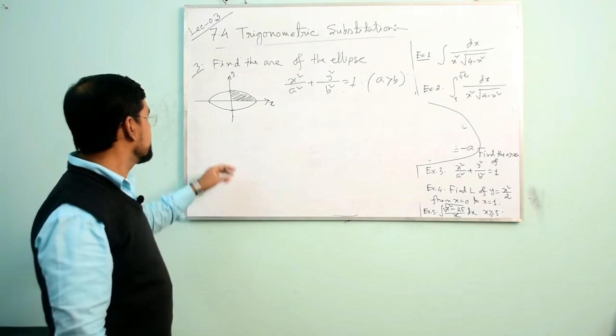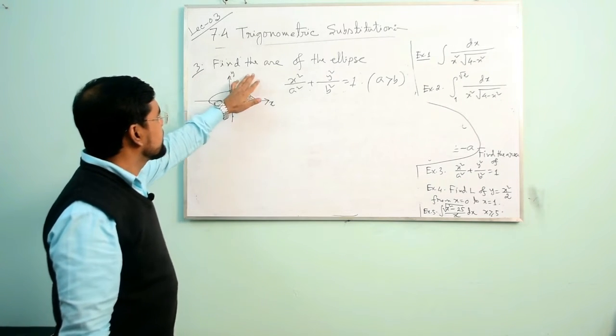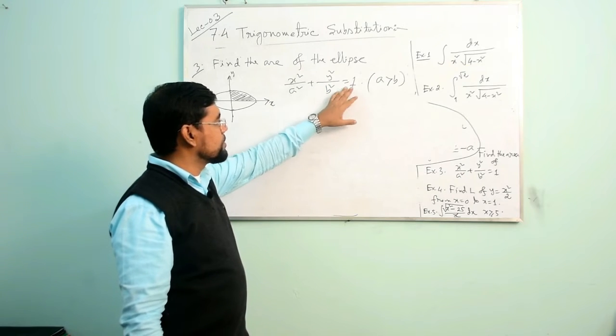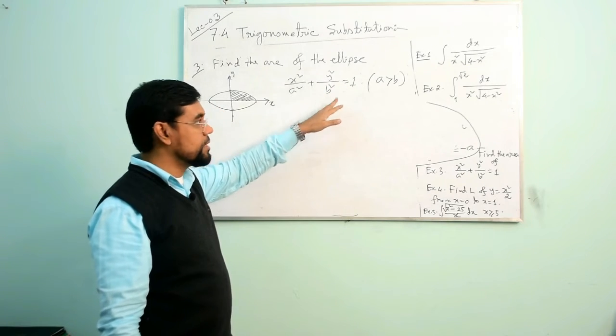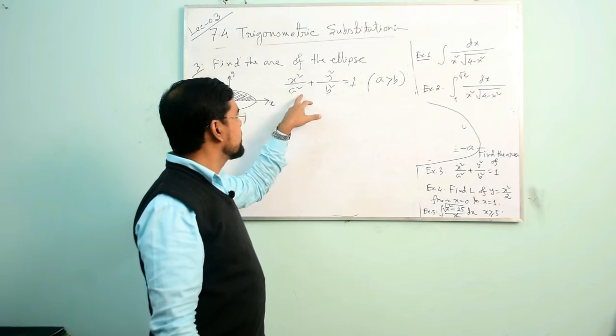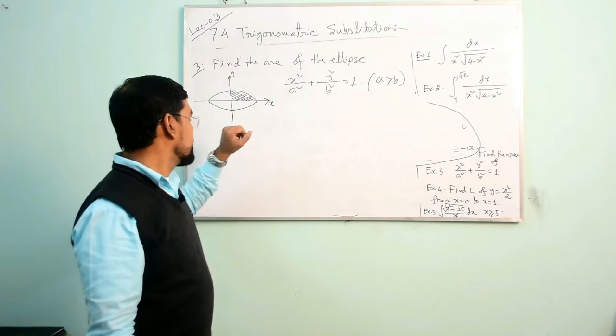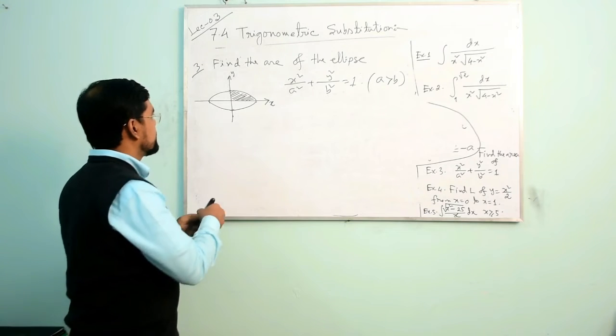So let's try example 3. Find the area of the ellipse x square by a square plus y square by b square equal to 1, and we know it's a standard ellipse, and here a should be greater than b, so that we can consider the major axis.